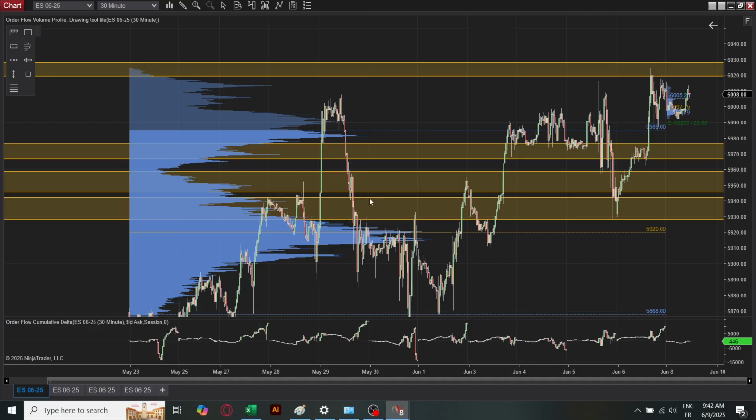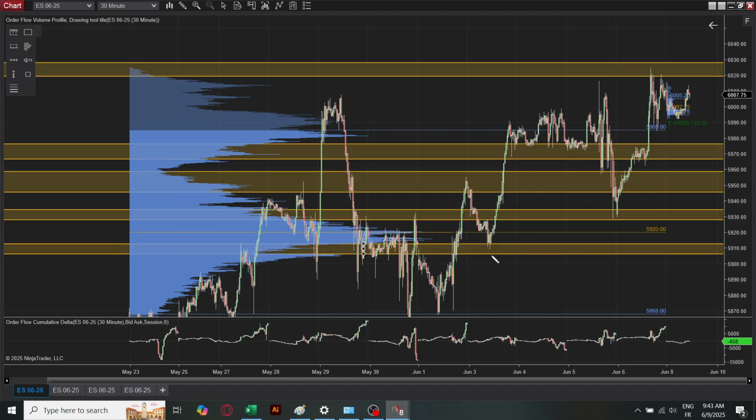Okay, so there is another low volume node over here. We can clearly see in price action that this level is very important. It starts from here and clearly ends slightly a little bit down. So you can see that price is reacting to it very well.